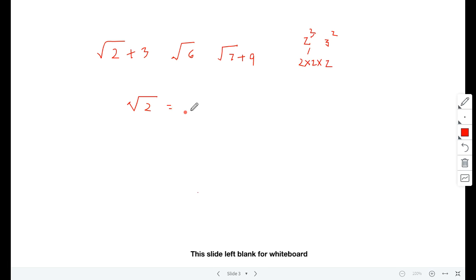Now a surd also has a power, but the power is a fraction. So root means power 1 over 2. That's the basic meaning of this. So if it's root 3, it means 3 to the power 1 over 2.